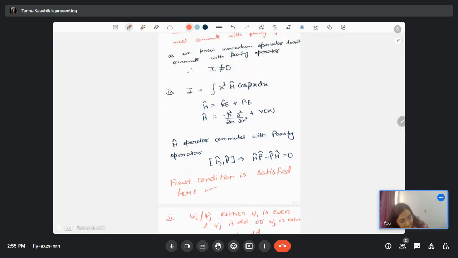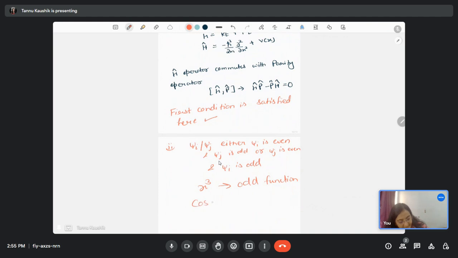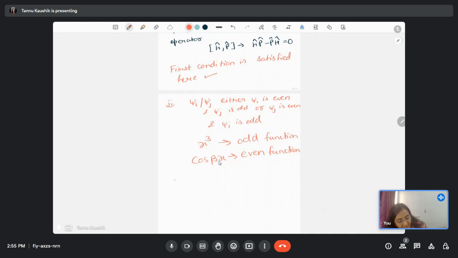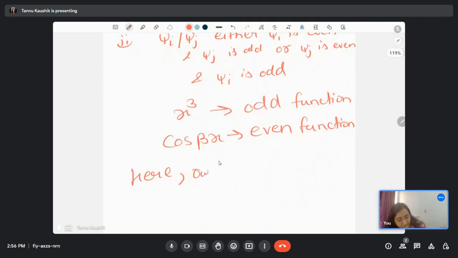Okay, so here let us check this x cube. X cube is an odd function, and this cos beta x we have already discussed is an even function.